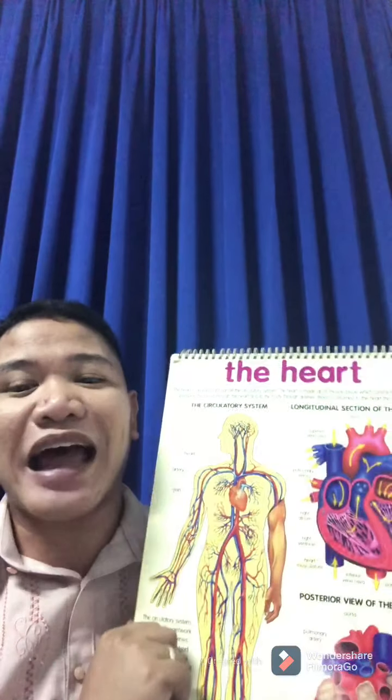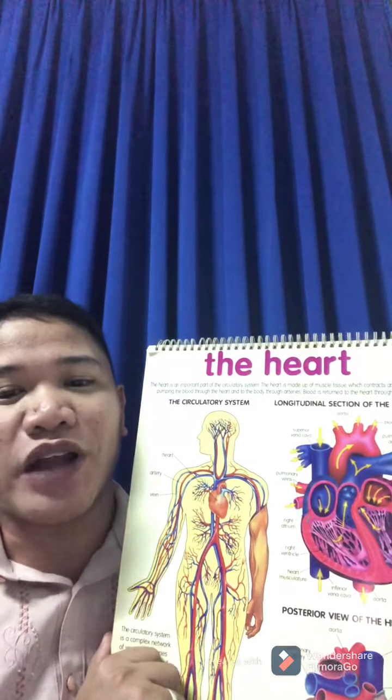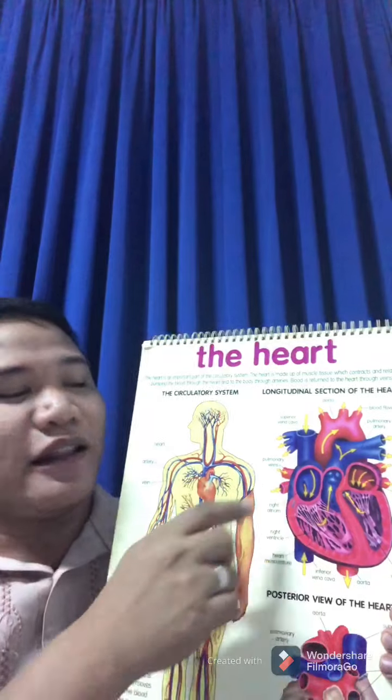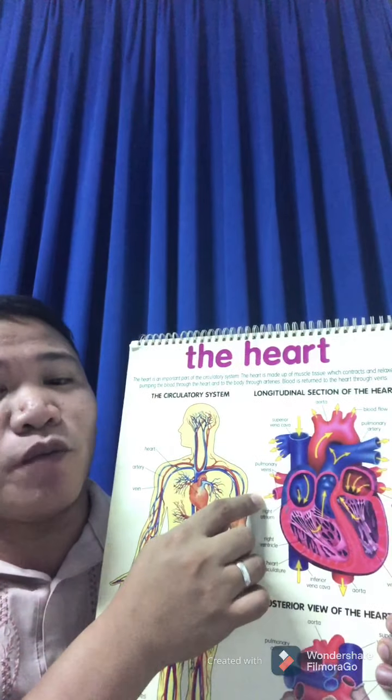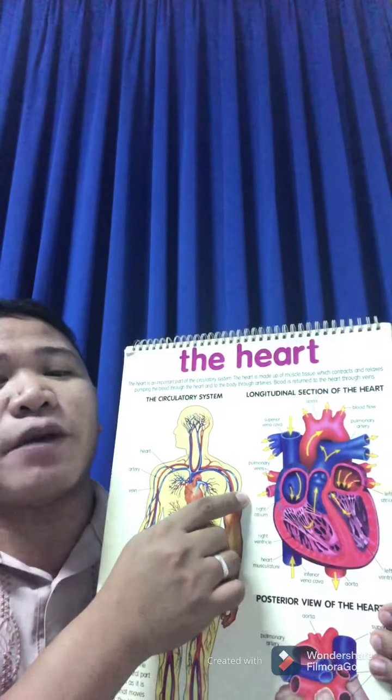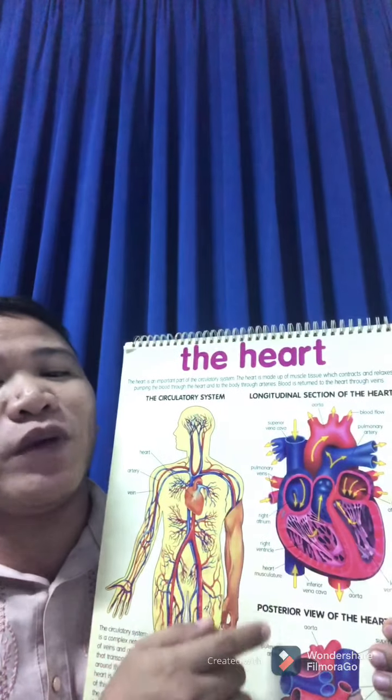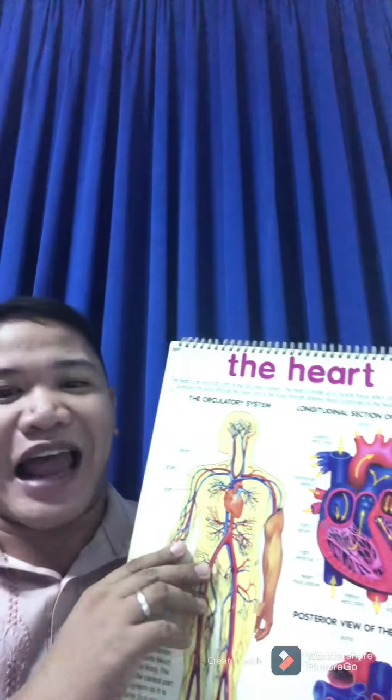Because artery, we know even before that artery carries oxygenated blood. But there is only one artery in the body that carries unoxygenated blood. That is the pulmonary artery. Then, after na dumadaloy na po siya doon sa pulmonary artery, it will now go into the lungs.